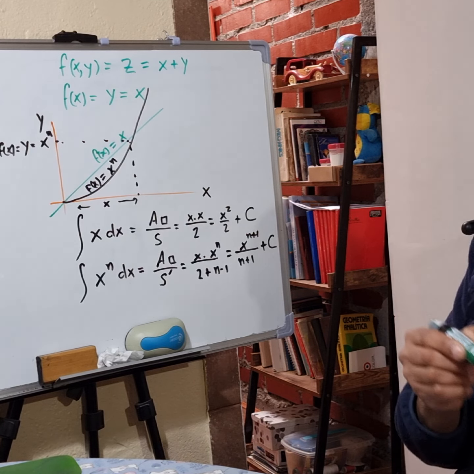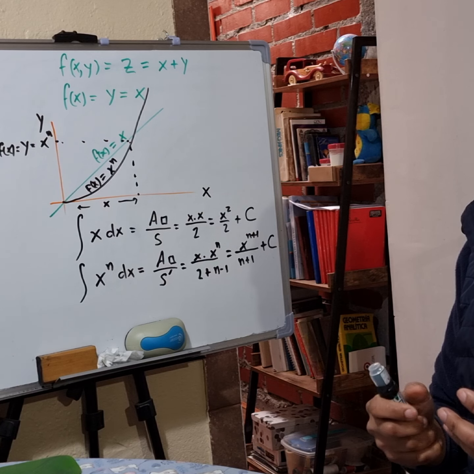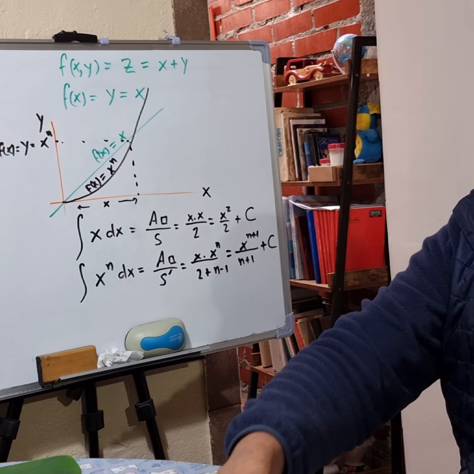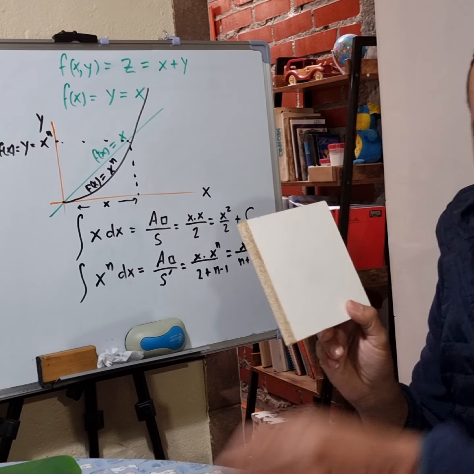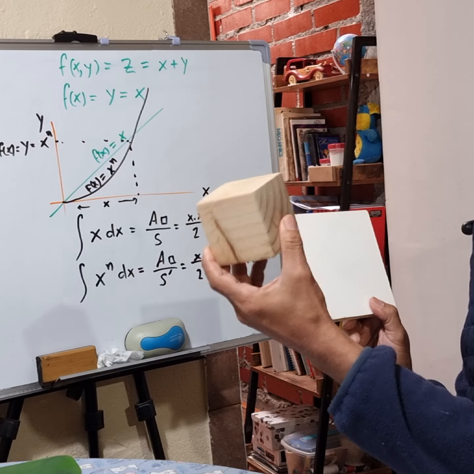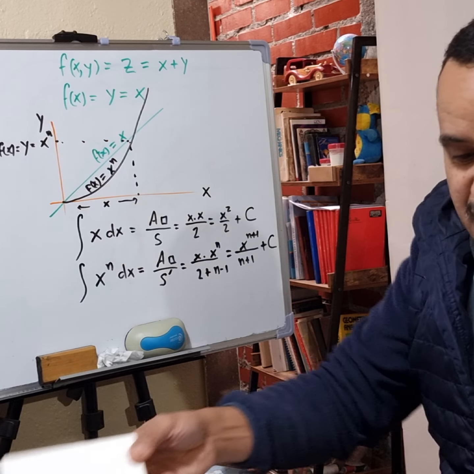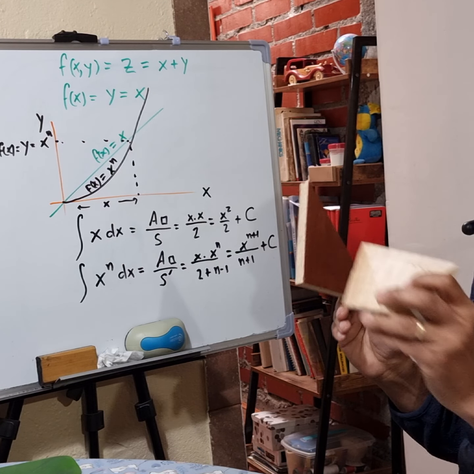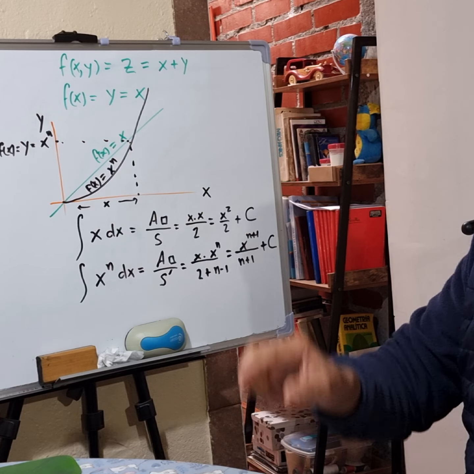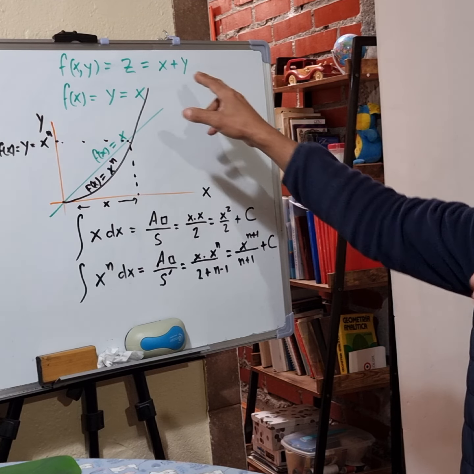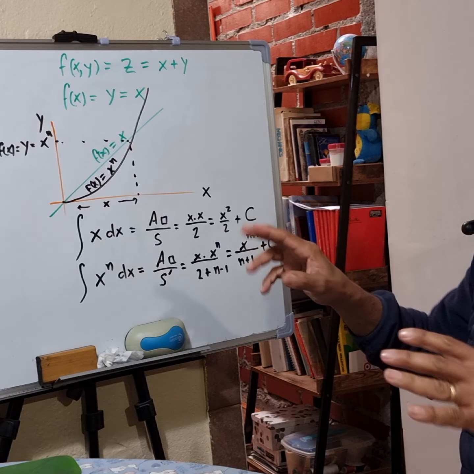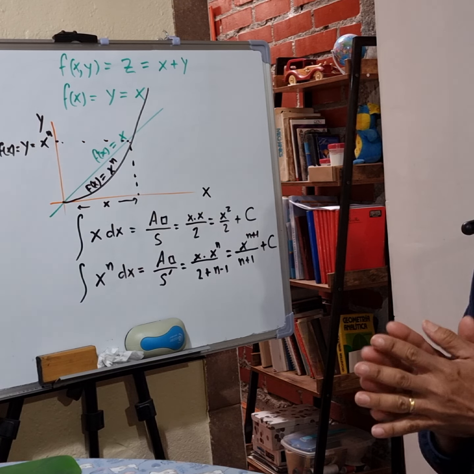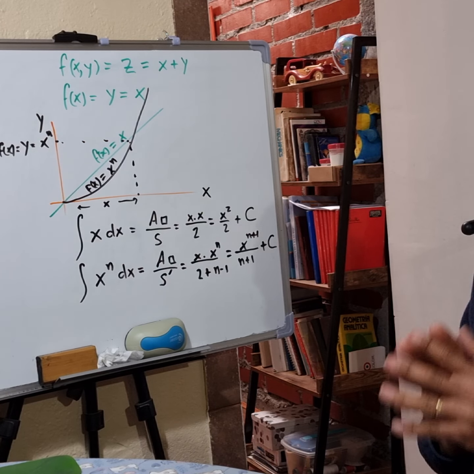This is going to be our first identity function in three-dimensional space. We are going to replace the square by the cube, which is the three-dimensional coordinate system, and the triangle is going to be replaced by this prism. And we are going to obtain the primitive of this identity function and the primitive of any power of this identity function in three-dimensional space.